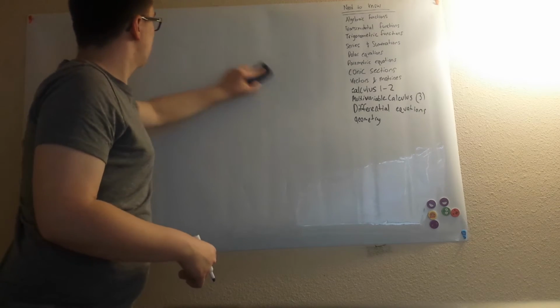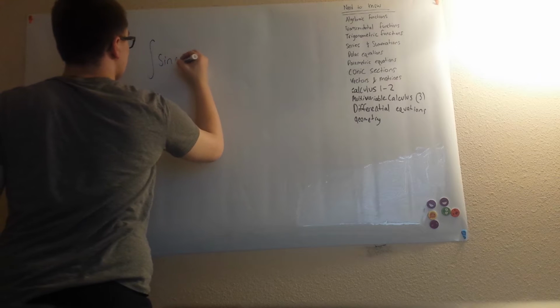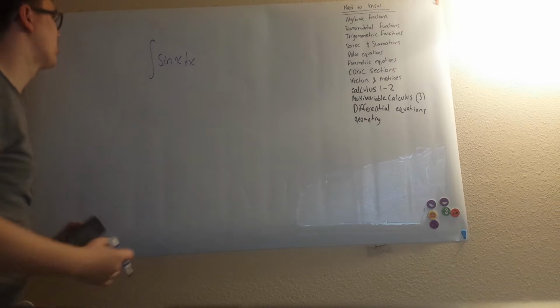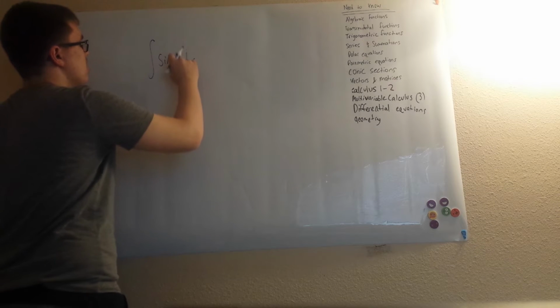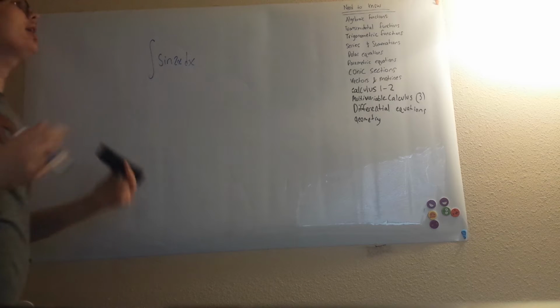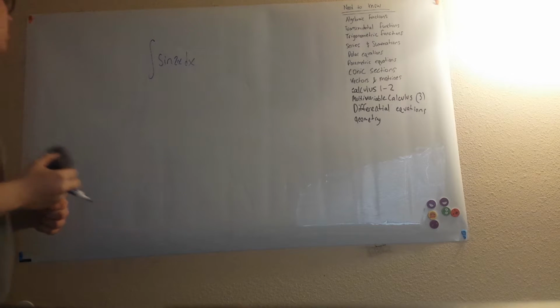But there are some integrals that we cannot do. We can do the integral of sine x, right? That's negative cosine x. But we can't do the integral of sine of 2x right now, at the moment.